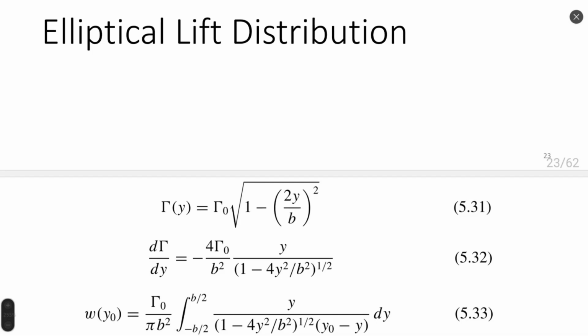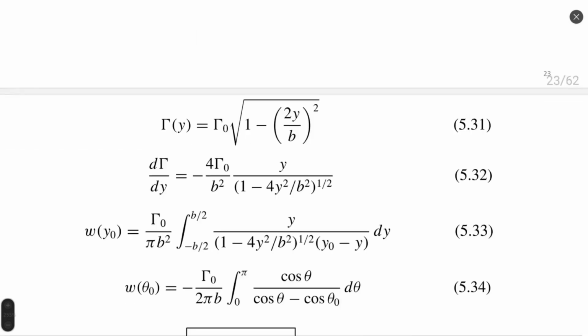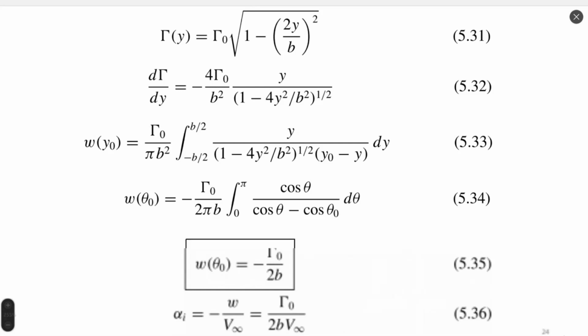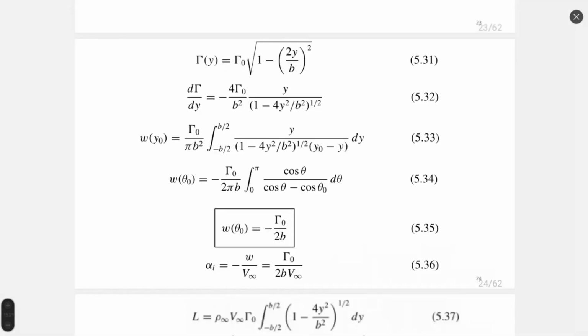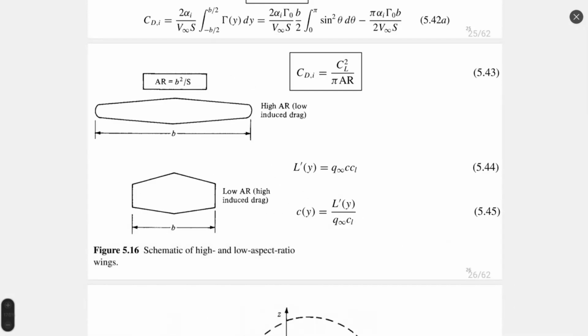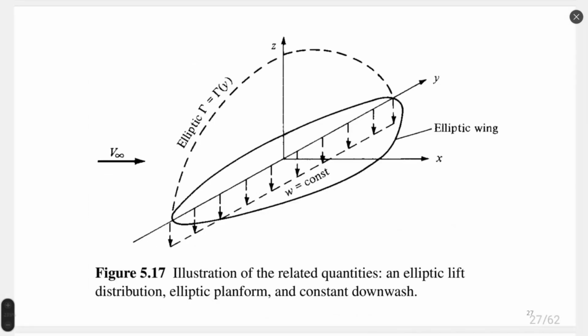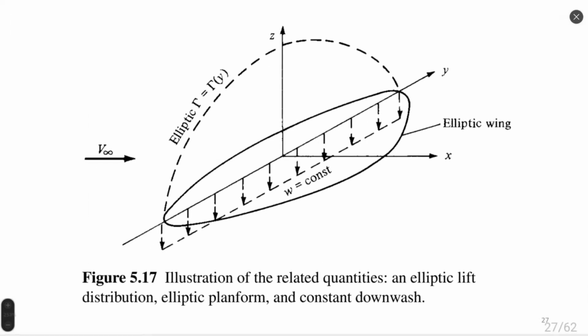Once we have elliptical wing shape, we can suppose the circulation over the elliptical wing. What is an elliptical wing? Let's go further and I will show you what it is just before we discuss the result. So this is the elliptical wing, whose shape corresponds to an elliptical geometrical shape. Okay.